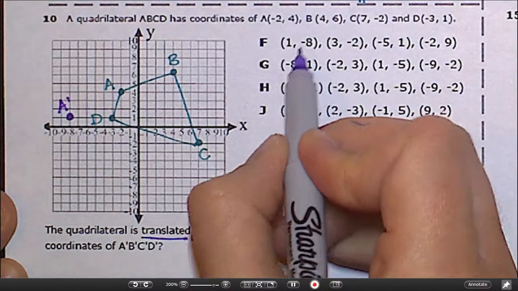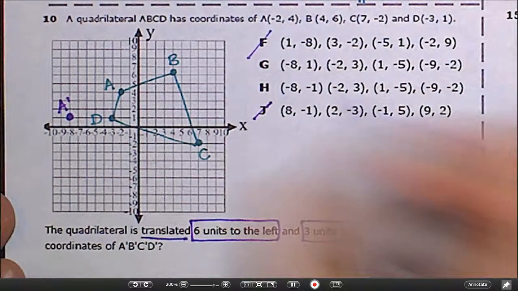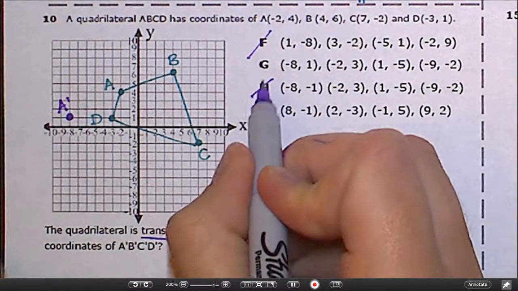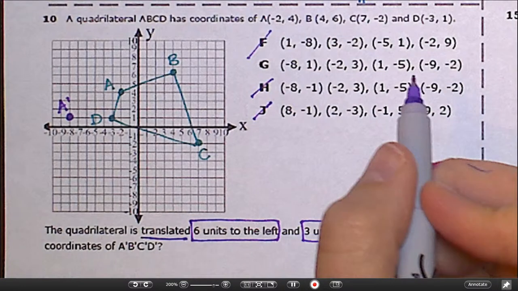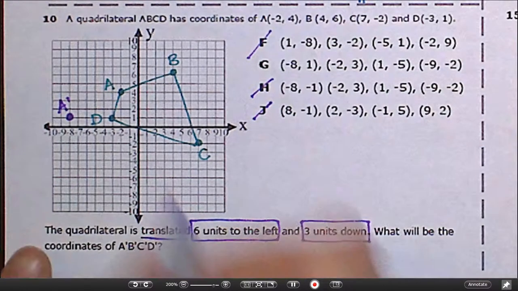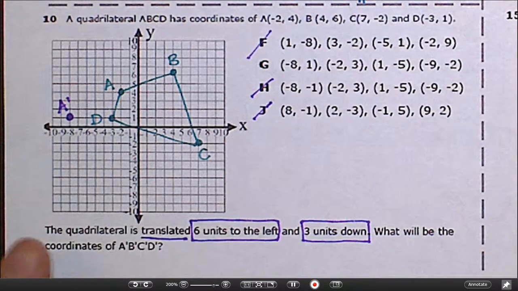So I can already say, all right, well that's not -8, 1. And that's not -8, 1. And that's not -8, 1. So already I've probably narrowed it down to G. But we're going to finish the problem, so let's double check. Okay? Because in case I made a mistake on this one, I don't want this to ruin my whole answer.